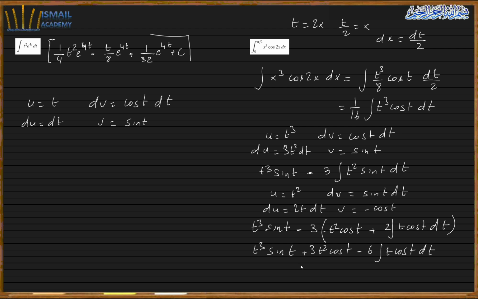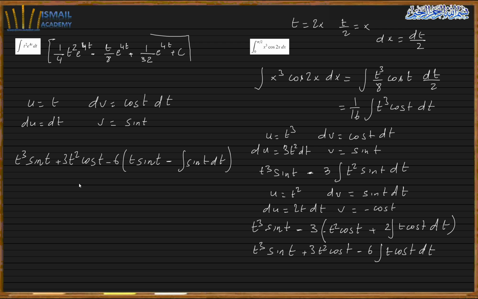So again, here it will become t cubed sine of t plus 3t squared cosine of t minus 6, and you multiply, this is going to be t sine of t minus the integral of sine of t dt, and this will be just cosine.